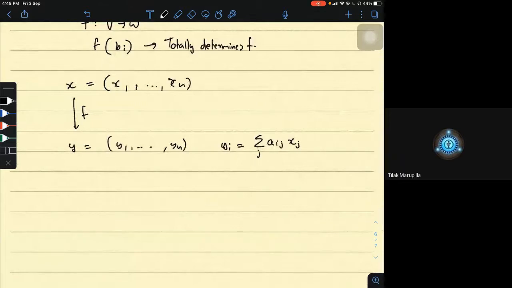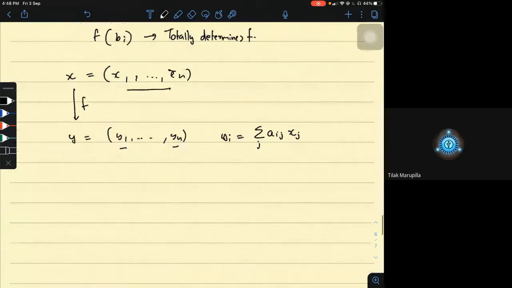So effectively, each element here is a linear combination of the elements of the input x.